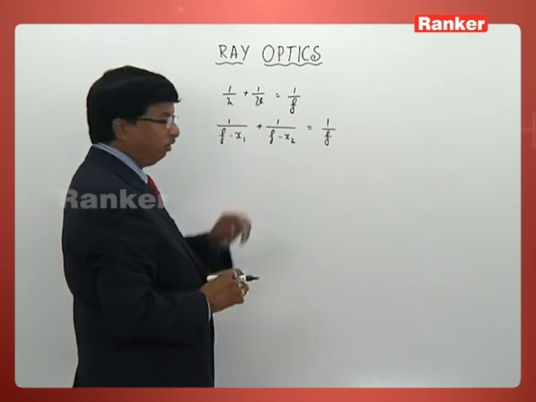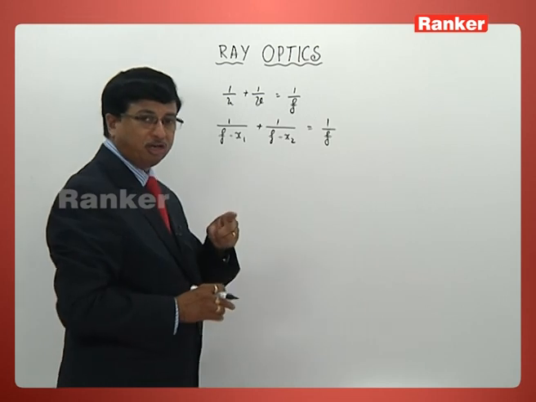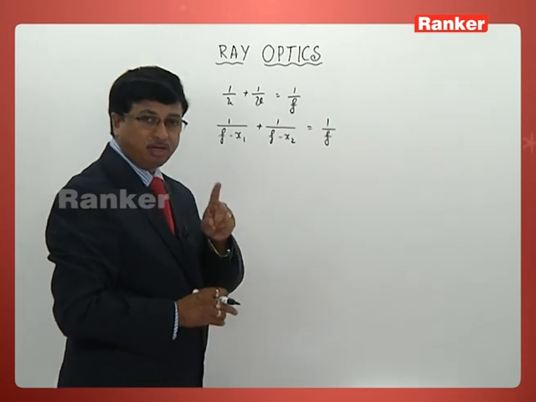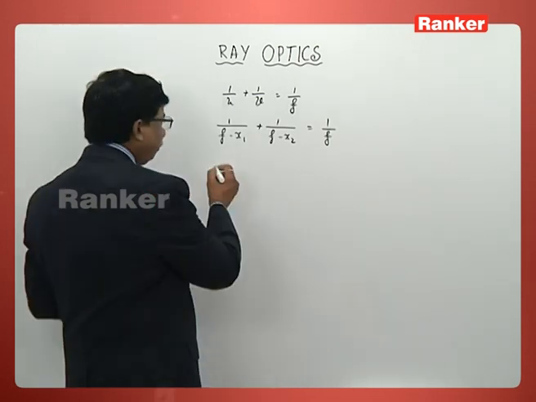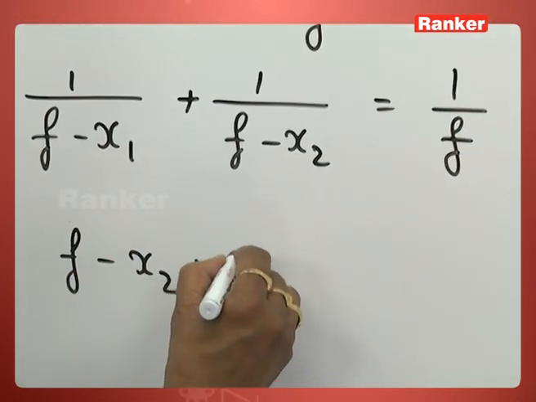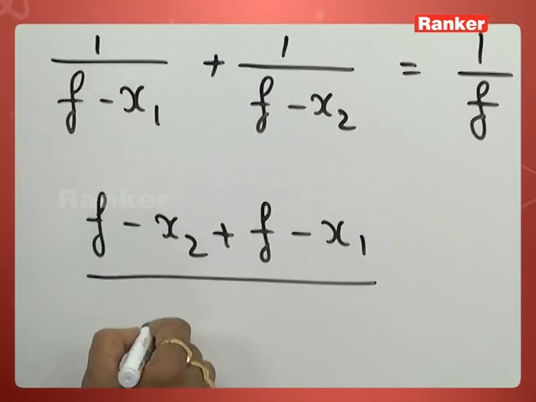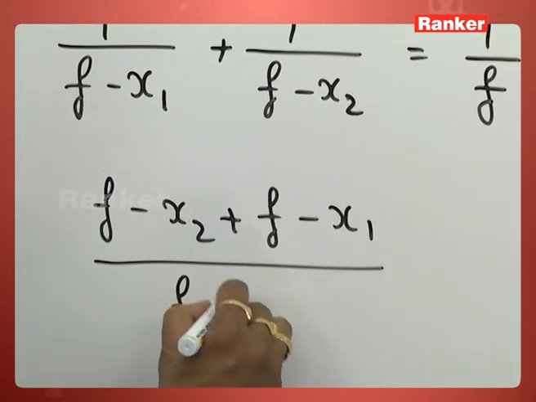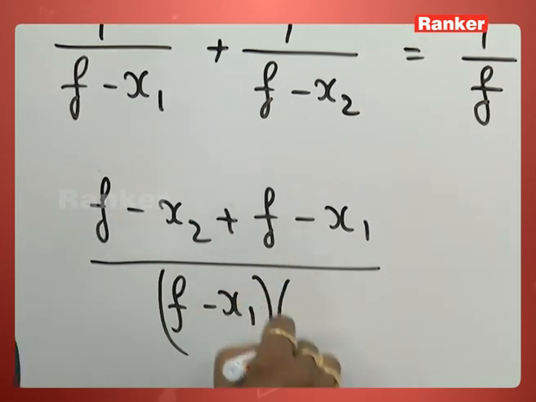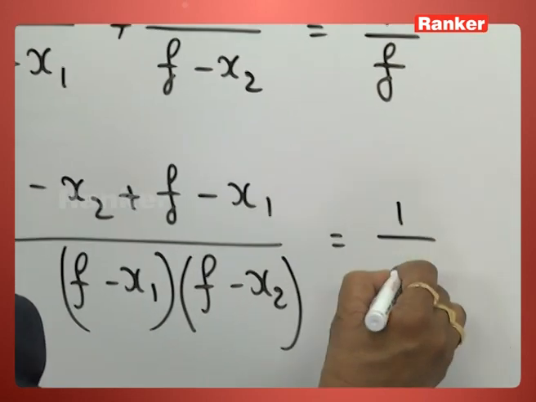So this is the way we work out by taking u and v according to the given values of x1 and x2. Now if you rewrite the same this way: (f minus x2 plus f minus x1) whole divided by (f minus x1) into (f minus x2) is equal to 1 by f.